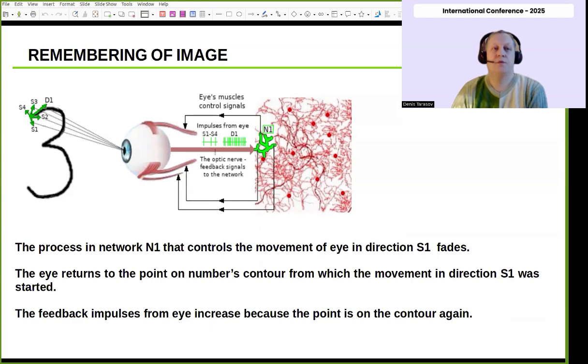The process in network N1 that controls the movement of the eye in direction S1 fades. The eye returns to the point on the number's contour from which the movement in direction S1 was started. So the feedback impulses from the eye increase because the point is on the contour again.